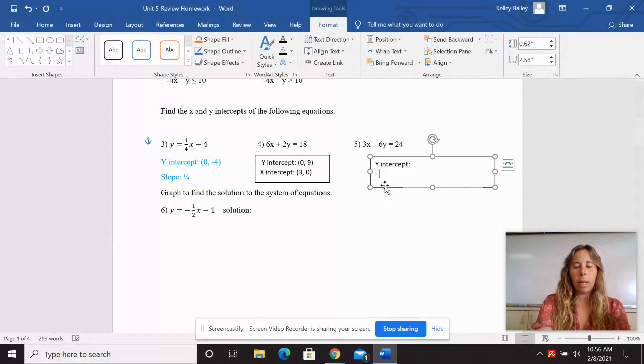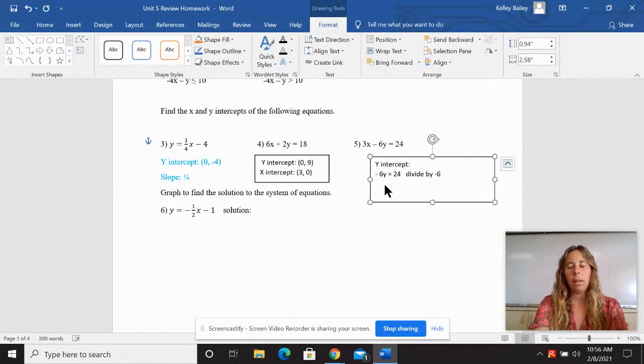So you're left with negative 6y equals 24. Divide by negative 6. Don't forget about your negative sign. Negative 24 divided by negative 6, negative 4. So your y-intercept is x is 0, y is negative 4.